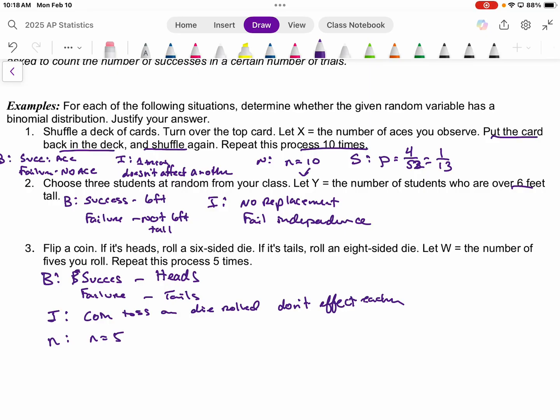Here's where the issue comes into play, with our success. If I flip a heads, which we know is 1 out of 2, then I have to roll a 6-sided die. So that means there's a 1 in 6 chance of getting whatever number I'm looking for. What is the chance of flipping a heads and rolling a 5? The problem is, when I look at the tails, yes, it has the same probability for the coin, but if I got tails, I was supposed to use an 8-sided die.